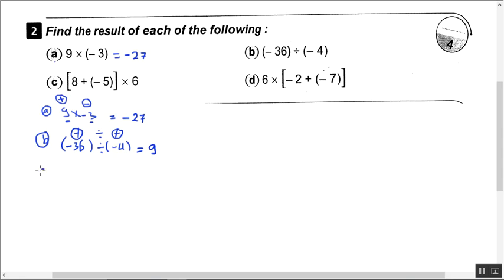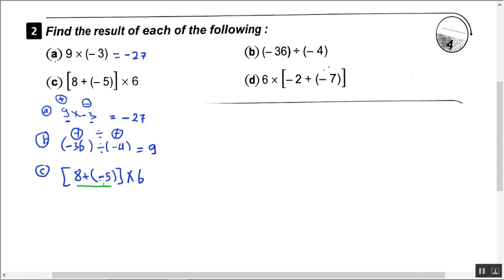Question number C. He said 8 plus negative 5 all times 6. Here we have two operations. Here we have addition, and after that we have multiplication.